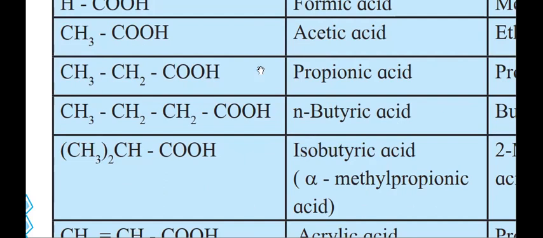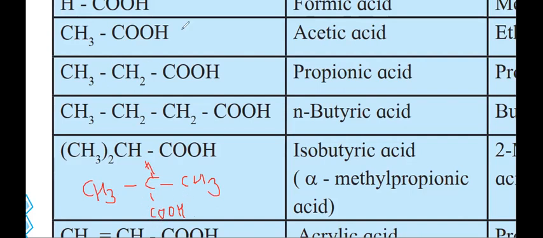I will show you the structure of this compound. This is carbon, this is CH3, this is another CH3, it contains hydrogen and it contains COOH. Now this carbon is our functional group carbon.